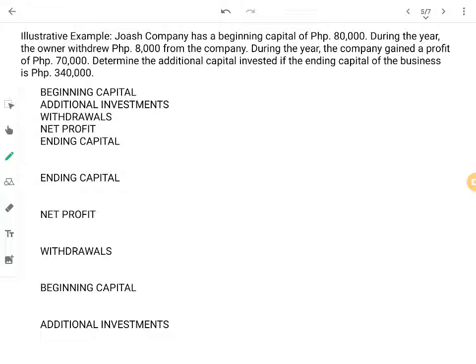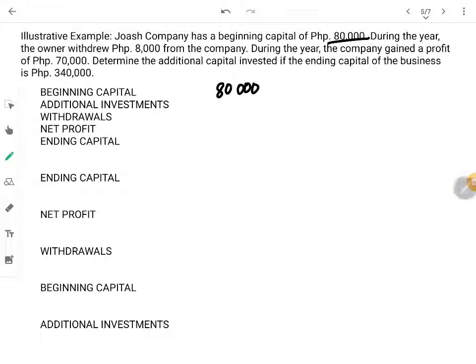So, beginning capital, that is 80,000. So, 80,000. Additional investment is, nasan yung additional investment? Tingnan natin. Ay, yun yung hinahanap pala natin, sorry.